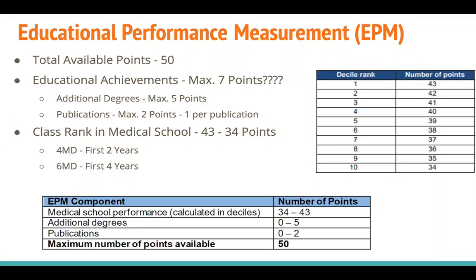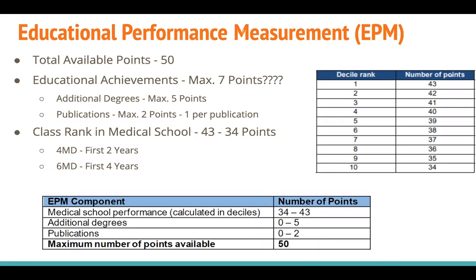Yeah, so the EPM will also consist of your class ranking compared to your classmates in medical school. It's normally from 34 to 43. 34 would be the lowest decile ranking, so it would be the 10th decile. 43 is the first decile, so you're in the top 10% of your year. So you would have 43 points.